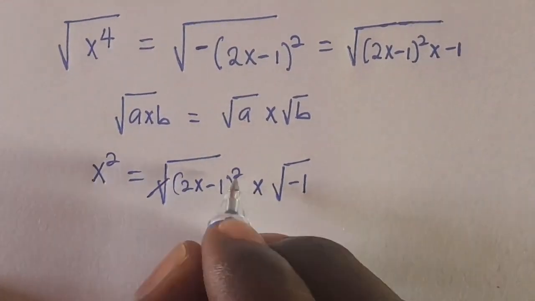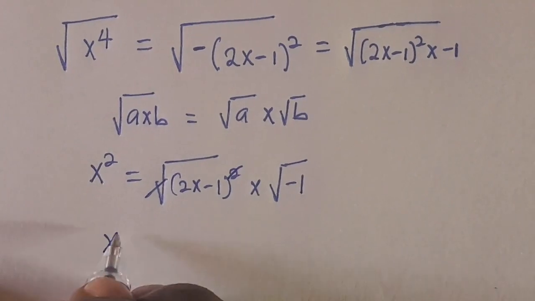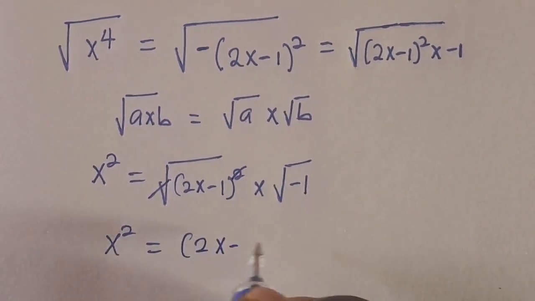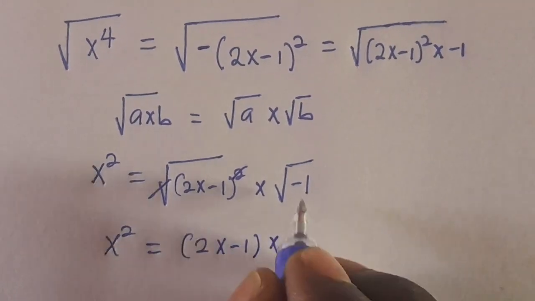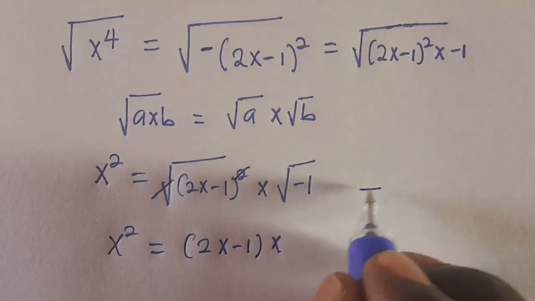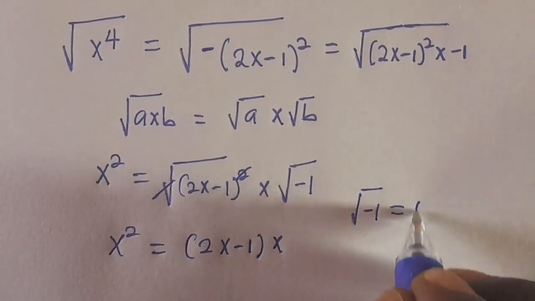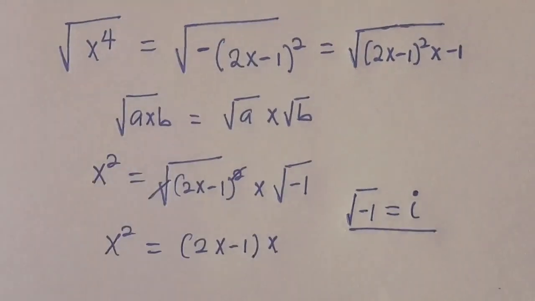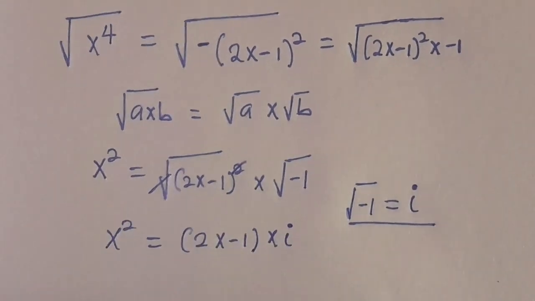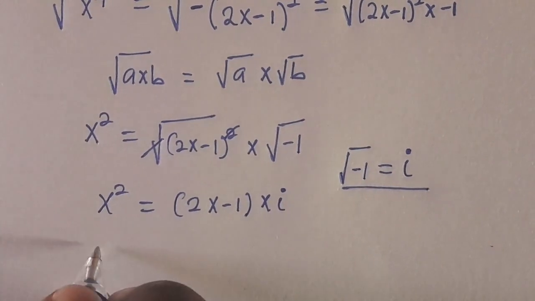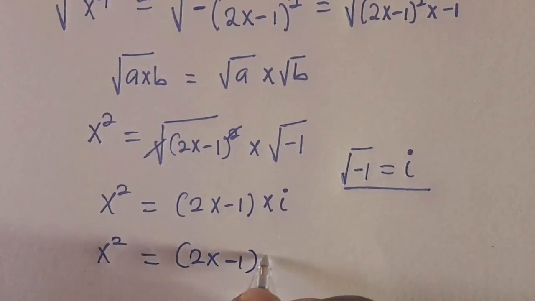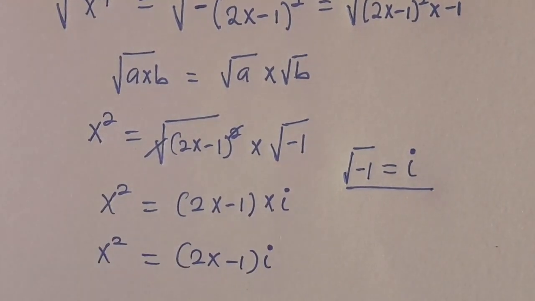This takes away the square and root, and we have x squared equals (2x minus 1) multiplied by the square root of minus 1, which in complex numbers equals i. So we have x squared equals (2x minus 1) i.